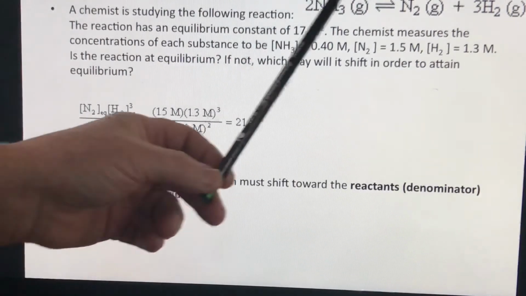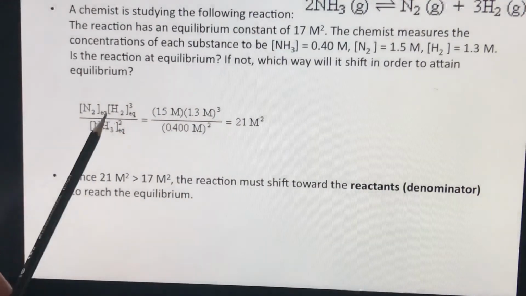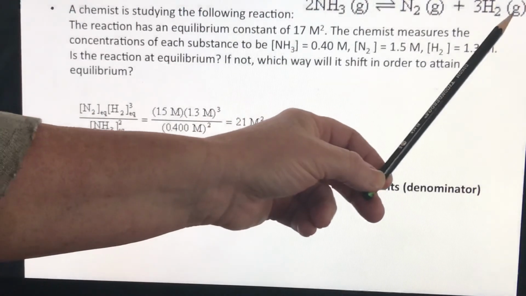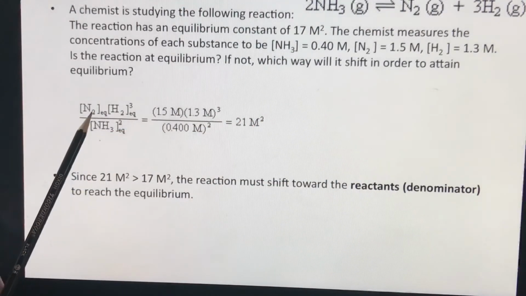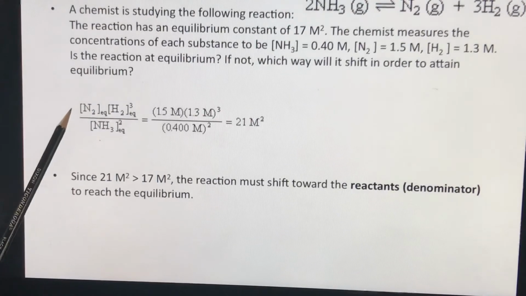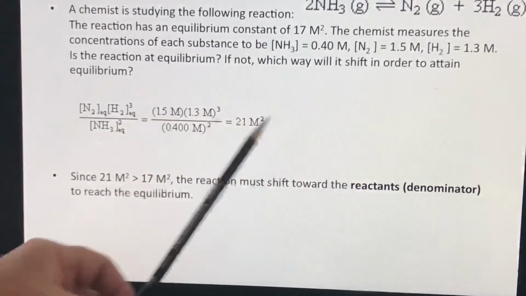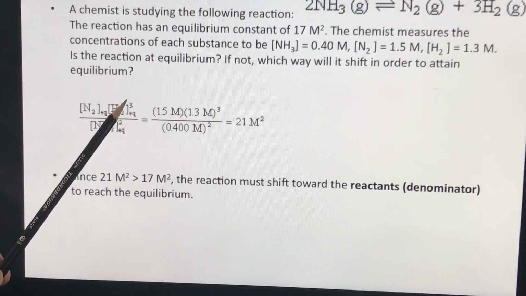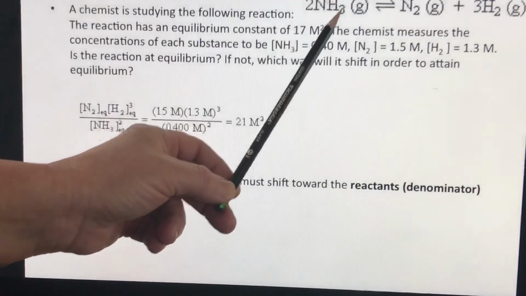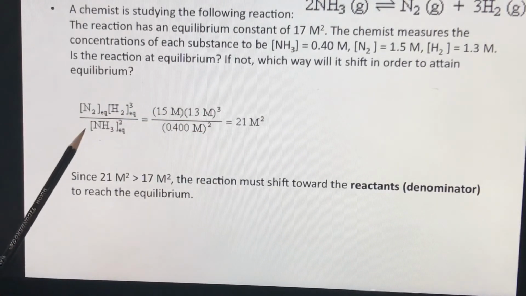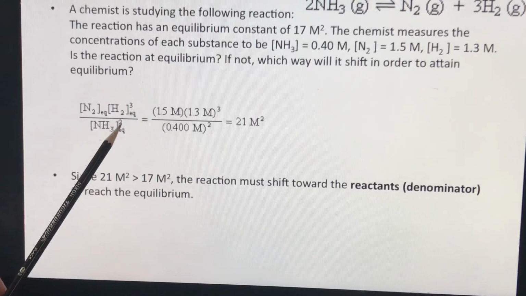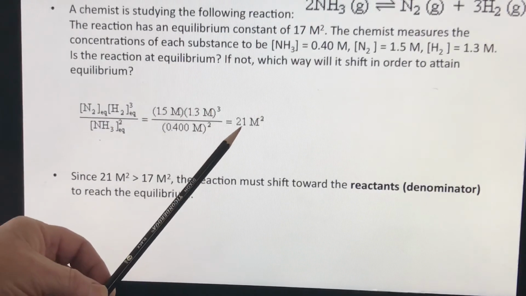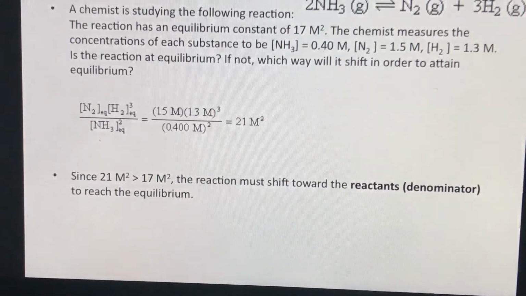So once again, our K is going to be calculated by starting with our products. Up here, none of them are in solid or liquid form, so they're all going to be included. So the products are in our numerator, again with the stoichiometric coefficient being used as an exponent here. And then our reactant on the left side is in the denominator, with this 2 being the exponent here. When everything's calculated out here, we get 21 molarity squared.